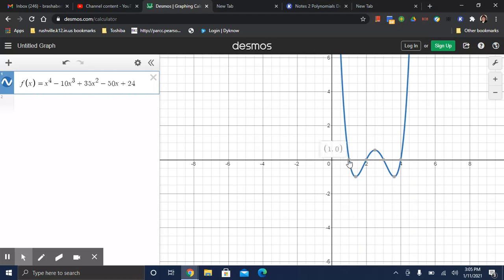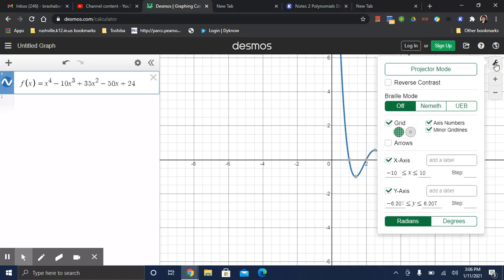You can see that I have these x-intercepts, and I have my other high and low points. But one of the first things that you're going to be asked to give is the y-intercept. Well, I can't see that on this graph. If you're good at zooming in and out, you can zoom. I'm not as good at that, so I'm going to use the wrench.